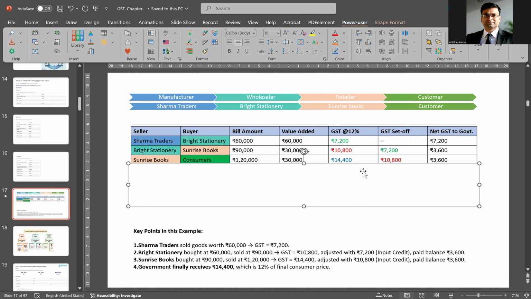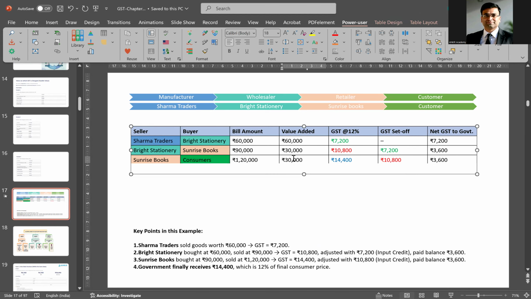Sunrise Books has technically paid 10,800 to Bright Stationery, right? So in the next step, Sunrise Books is selling to the customer directly, right? So now the bill amount is 1,20,000. Again, the value addition is 30,000 rupees, right?